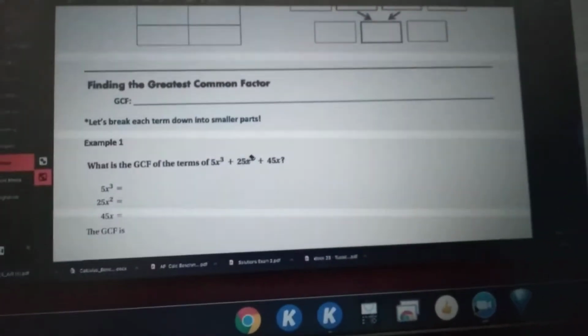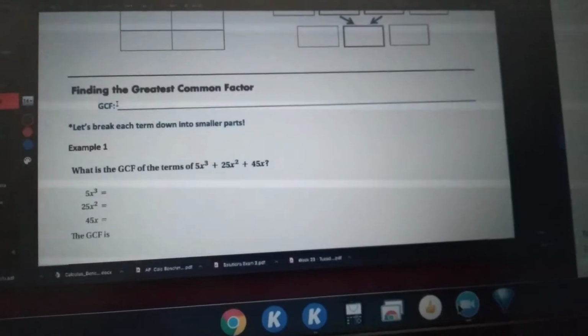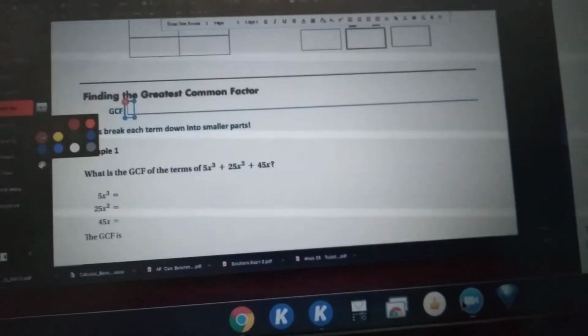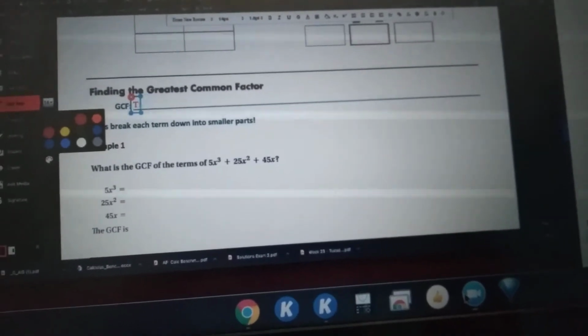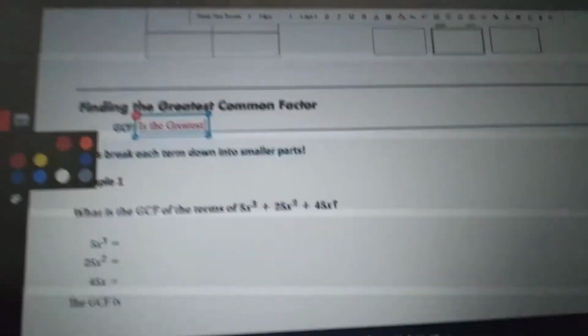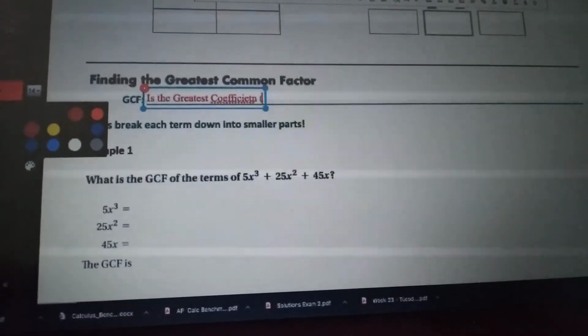A polynomial, this is specifically a trinomial: 1, 2, 3 terms, right? How do I define what the GCF is? So the GCF is the greatest coefficient. What is a coefficient?